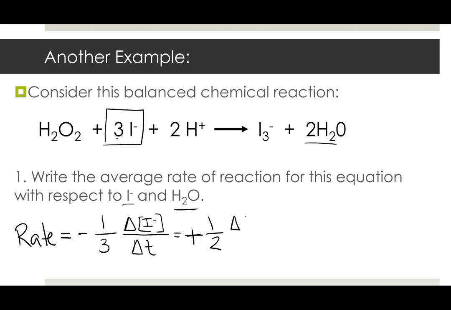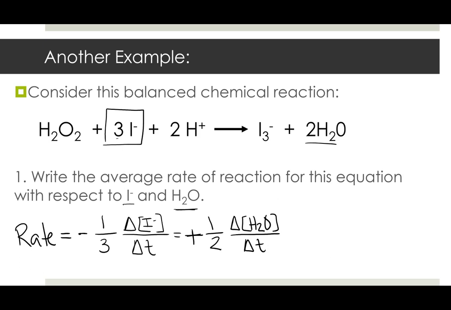And we're going to look at the change in concentration of H2O over the change in time. Okay. So this is writing the average reaction rate for the equation. And we just happen to pick 2 of them. So with respect to iodine and with respect to water.